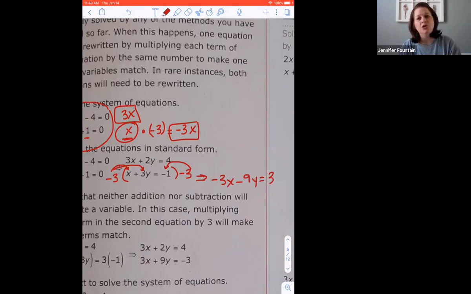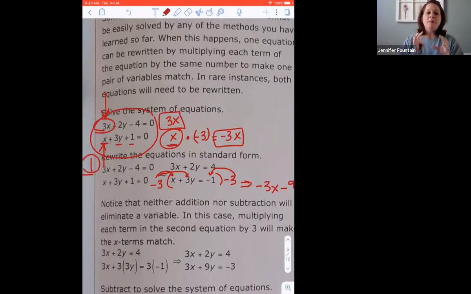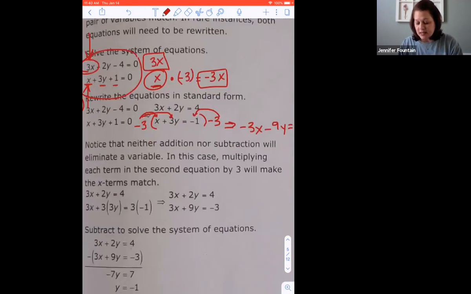Is everybody good with how I did that? I looked at 3x and said, what can I multiply x by to make it an opposite term? Because then I can just add and eliminate them. So now we can see where we kept our first equation, 3x plus 2y equals 4. We have multiplied every term by -3.